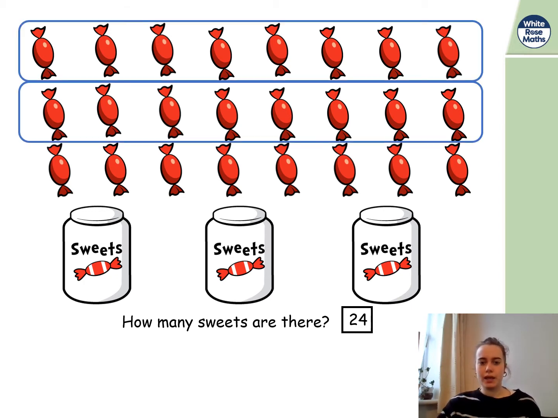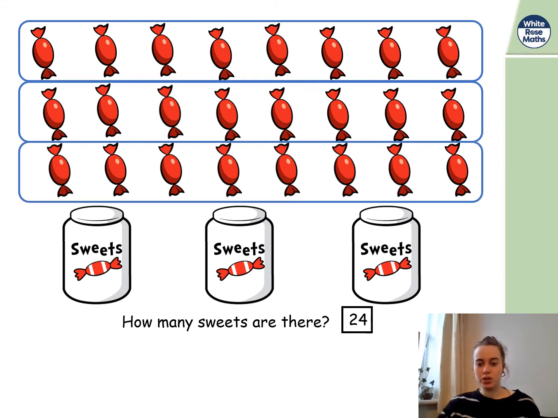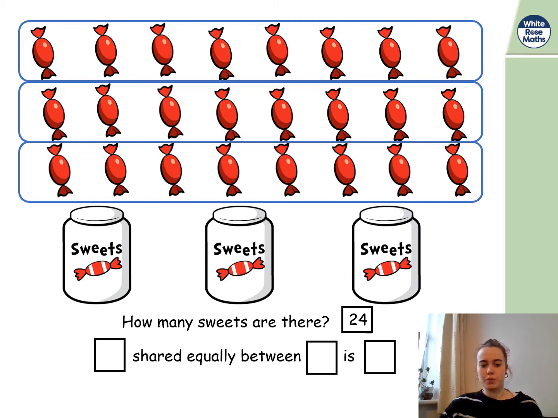So in order to do this, I could group them into 3s like that, which would be 24 sweets shared equally between how many jars? Between 3 jars. And then to find out the answer to this, I need to have a look at one of those groups, so one of those rows.